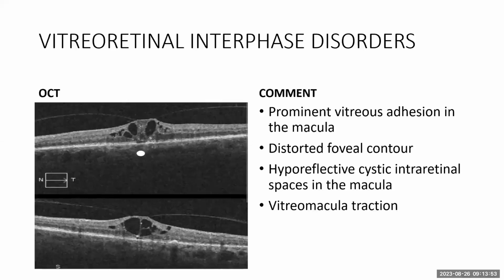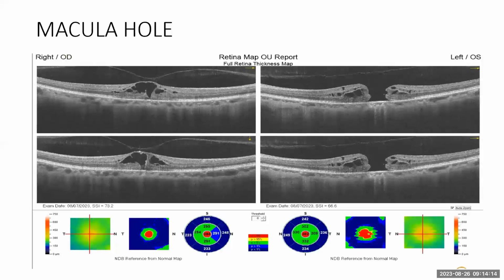You could intervene and induce the hole yourself if you are not very skilled with macular surgeries, but you never go wrong with observing, except if the person already has a full thickness macular hole in the other eye, then you weigh your chances. Now, this is a macular hole.